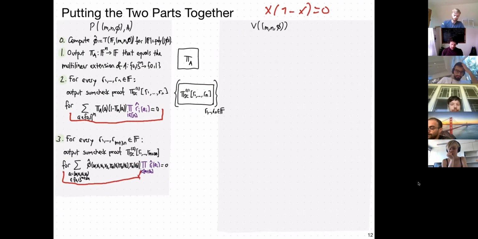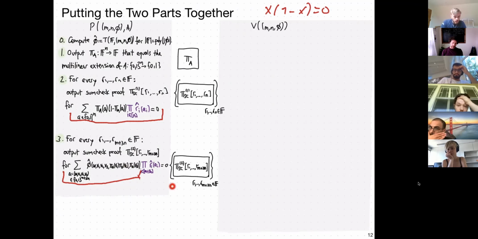We want to check not that the sum of this thing is 0, but that the entire subcube is equal to 0, because that's the definition of the OSAT problem. And we write down this sum check oracle.